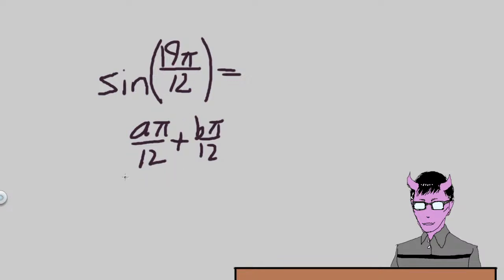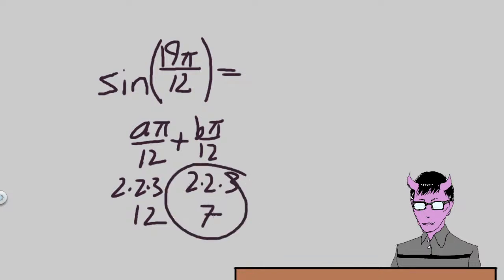Factors of 12, 2 times 3, just play around with the factors in your head. We can get a 12 here, and then we need a 7. Is that possible? Wait, no, it's not. 2, 2, and 3. There's no way to get a 7, so this is probably not the right way to go. Let's keep going a little further.